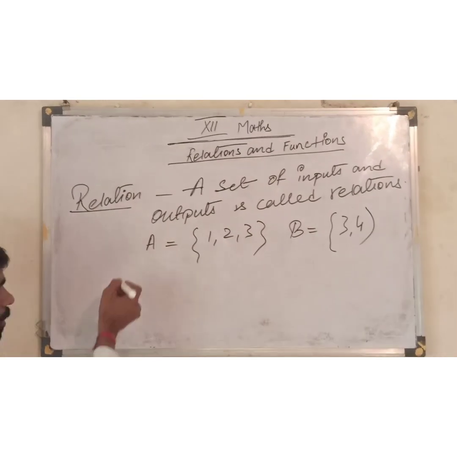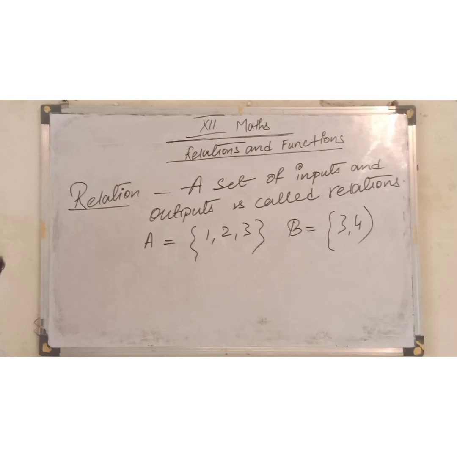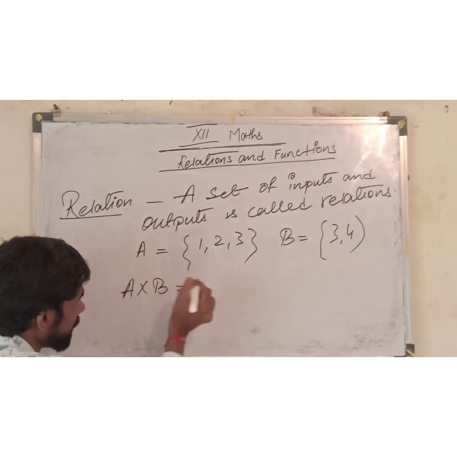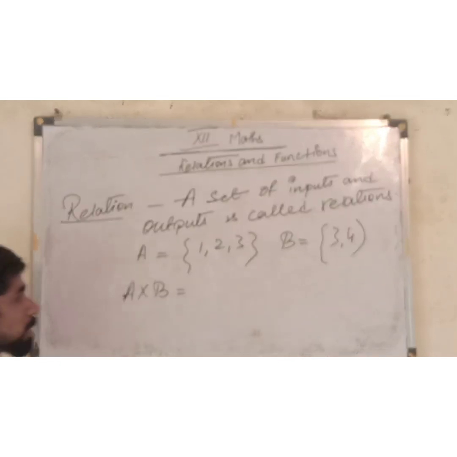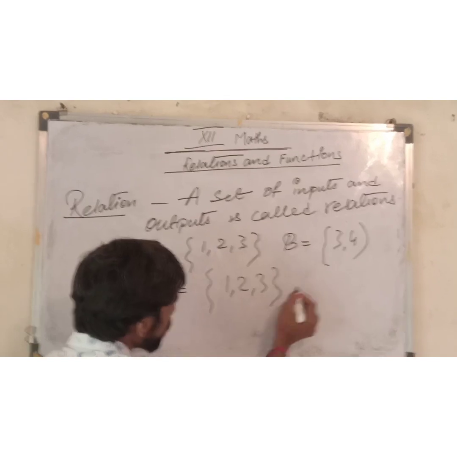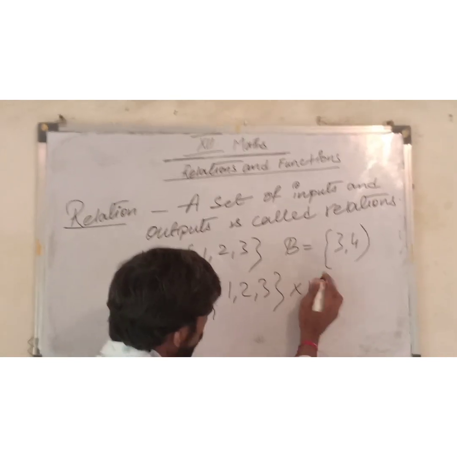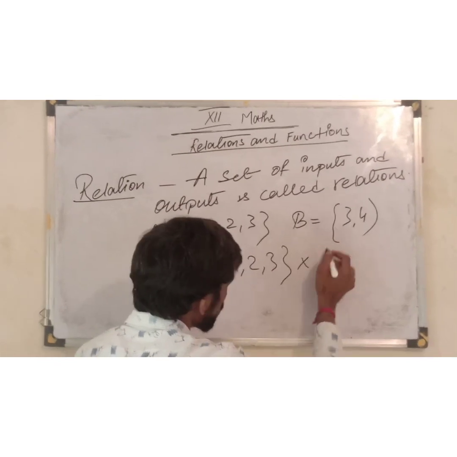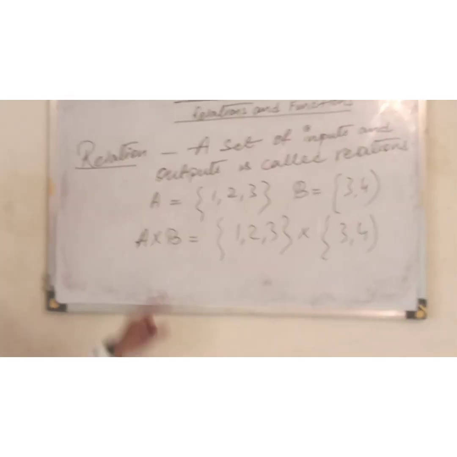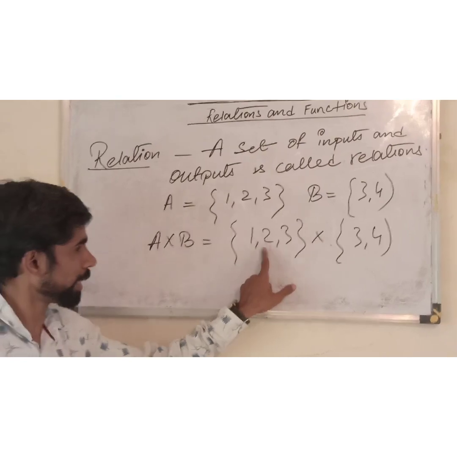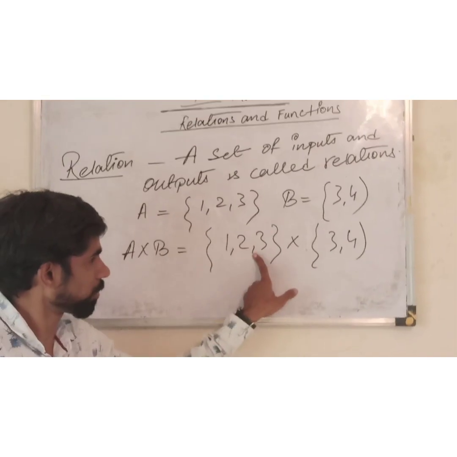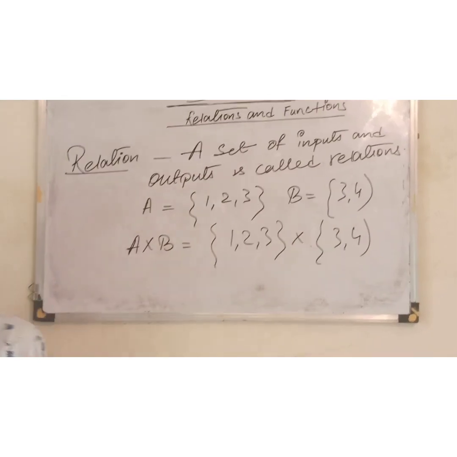Then here we can say the Cartesian product A into B is equal to the following. This is the Cartesian product symbol A into B. Elements of A, 1, 2, 3, into elements of B when we are multiplying.